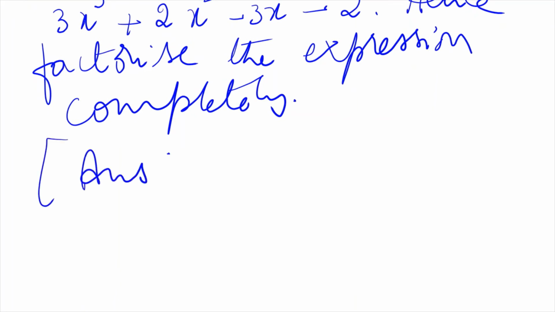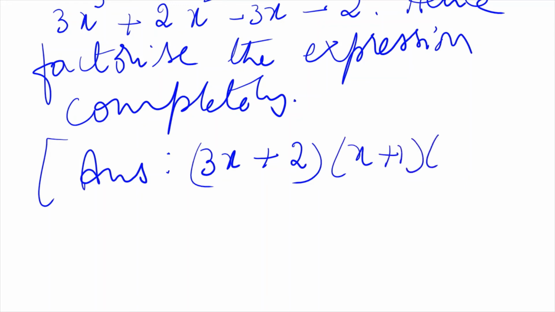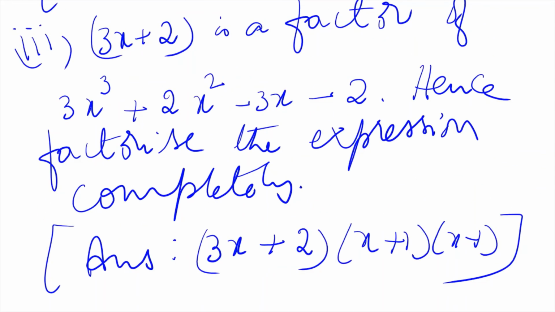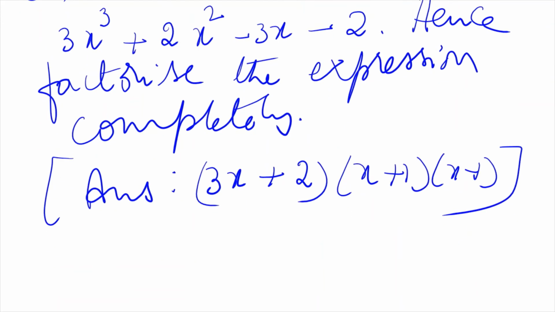Now the answer for this is 3x plus 2, x plus 1, x minus 1. So 3x plus 2 is a factor, means what will you substitute? x is equal to minus 2 upon 3. Okay.